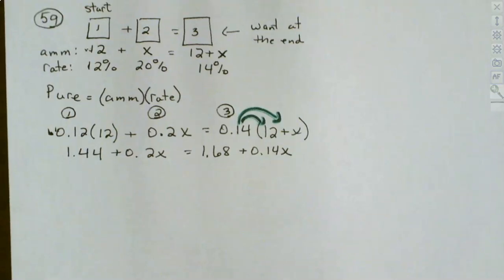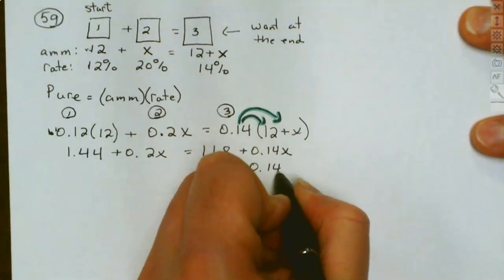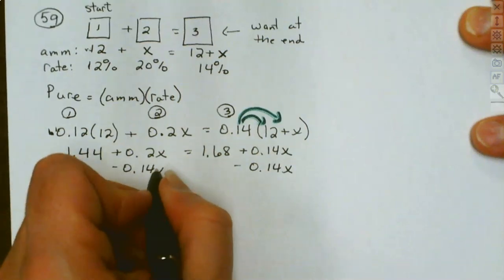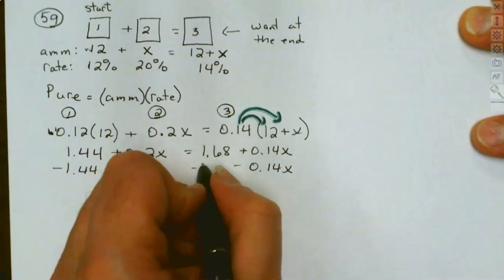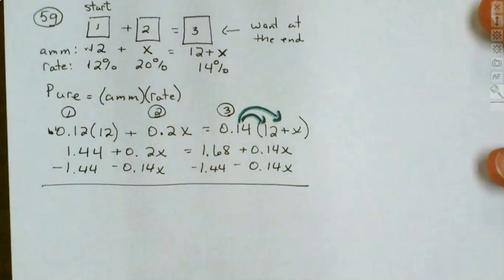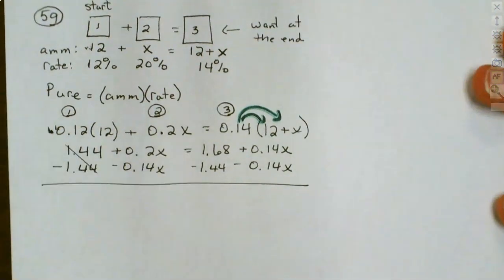So we move the x's to the left, numbers to the right. I'm going to go ahead and move over that 0.14x, and I'm going to move over that 1.44. So those can cancel like they should.